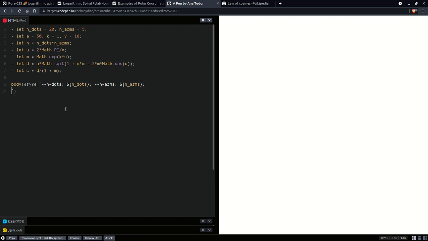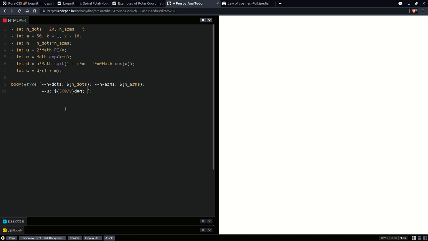We are also going to pass the unit angle, and here we are going to use degrees, so it's going to be 360 over V degrees, right?